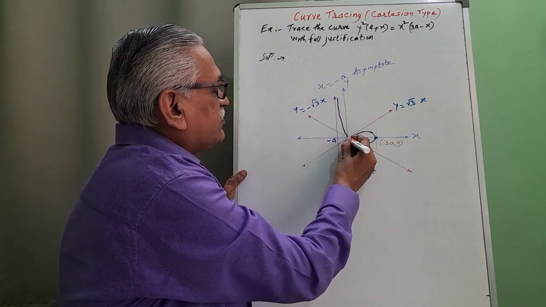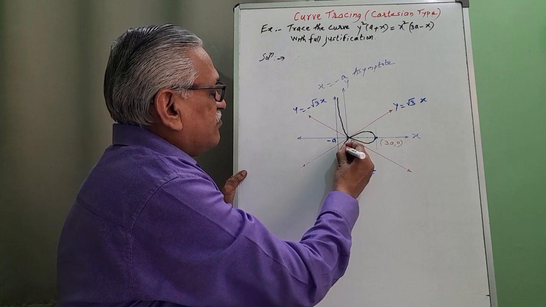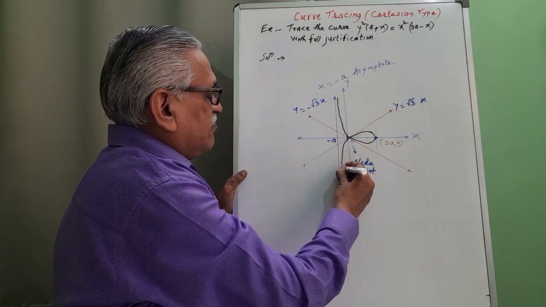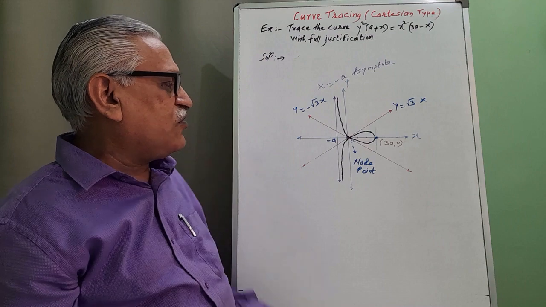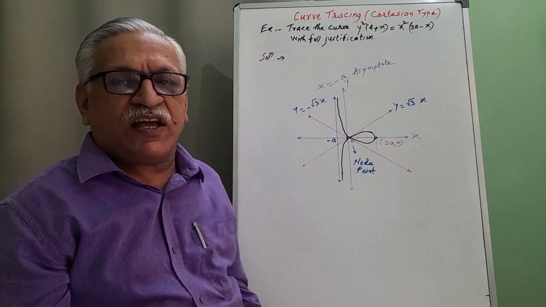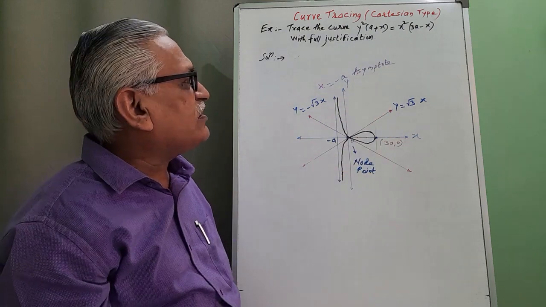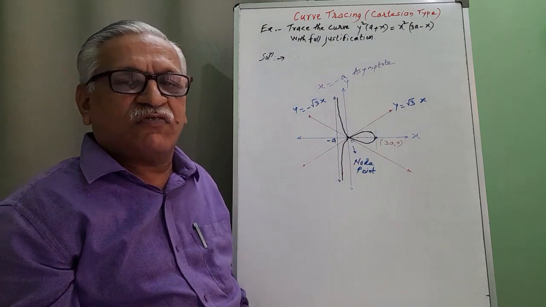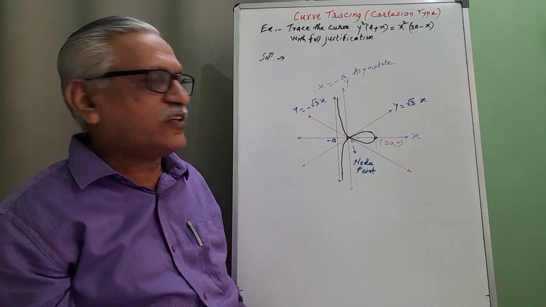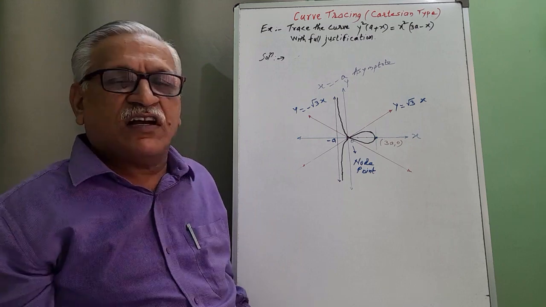Therefore I will join this, and therefore whatever figure I have drawn, it represents this equation: y square into (a plus x) is equal to x square into (3a minus x).